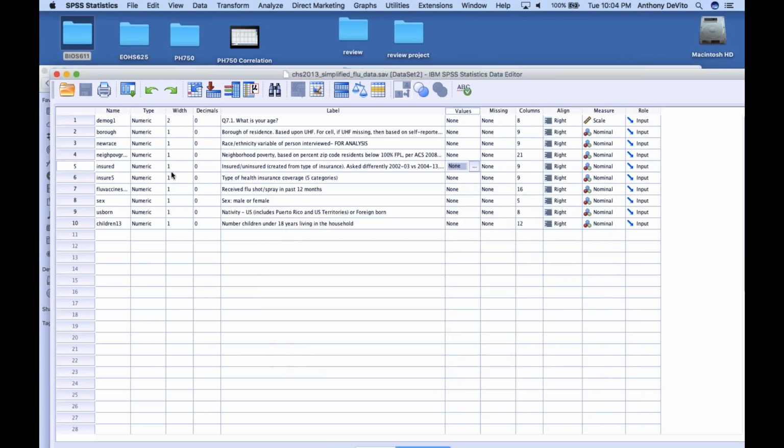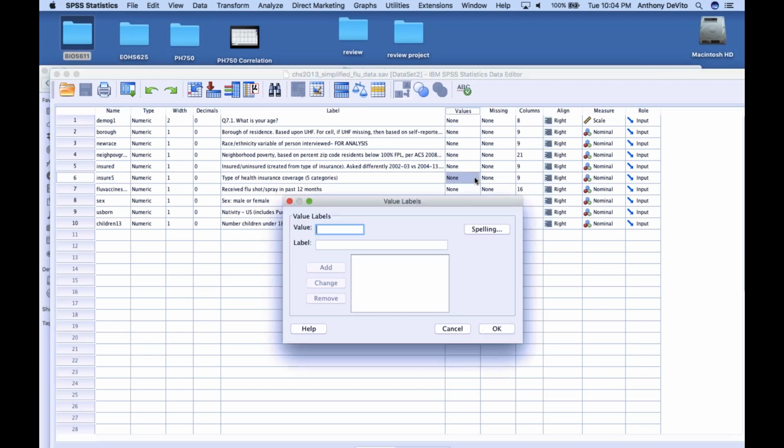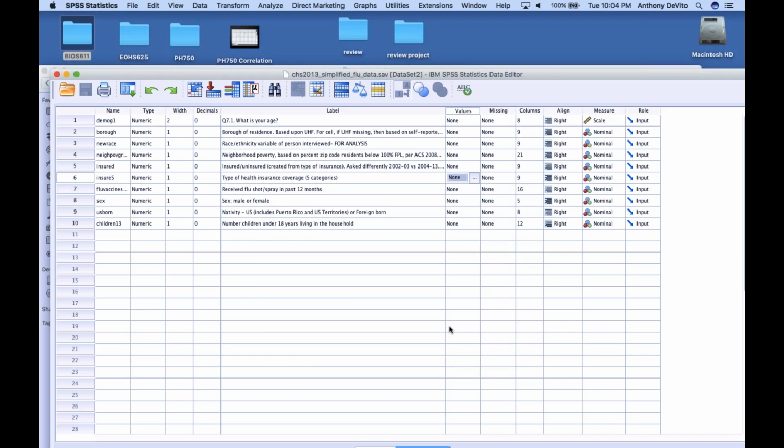Okay, and insured 5, that's the type of health insurance, and that might have several categories: private health insurance, Medicare, Medicaid, et cetera. So you'd have to indicate which ones they were. Now, you don't have to code them all. You only have to code the combination that you're going to be working with. But I'll leave that for you to code yourself. If I see people getting a little desperate in a couple of days, then maybe I'll post a version of it that's coded as well, so you don't have to struggle with it.